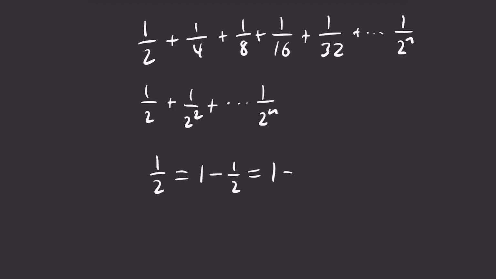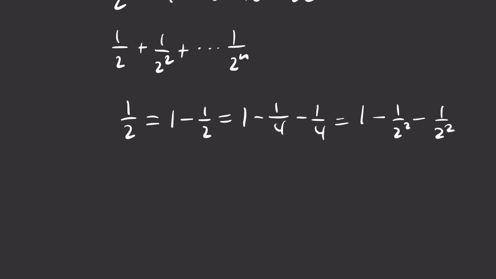So I can say 1 minus 1/4, minus another quarter, or 1 minus 1 over 2 squared minus 1 over 2 squared. But notice that's exactly what we're adding in the next term. So 1/2 plus 1 over 2 squared, or 1/2 plus a quarter, will be the same as 1 minus a quarter.